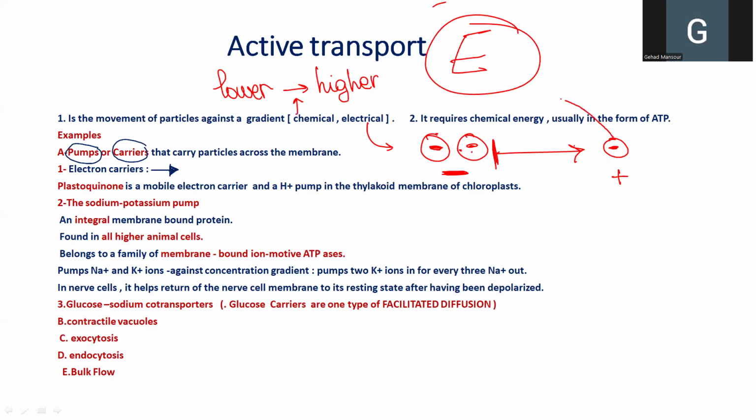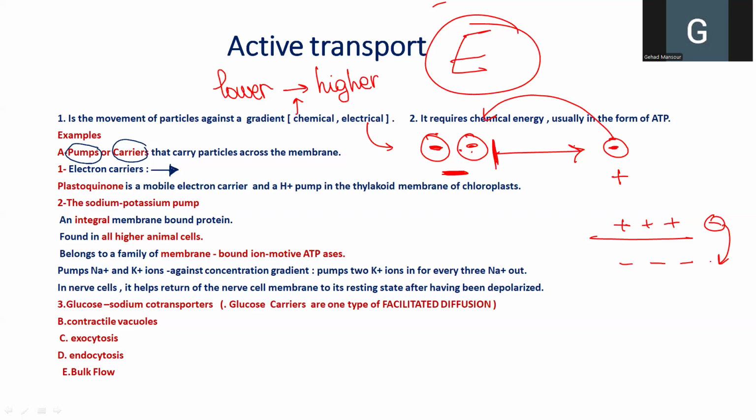But if electrons move against the electrical gradient, meaning that, for example, you have an overall positive status outside and an overall negative status inside, and you find that electrons or negative charges still move inward, this is against the electrical gradient.